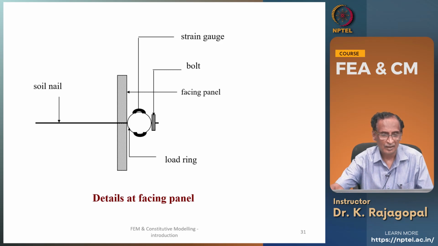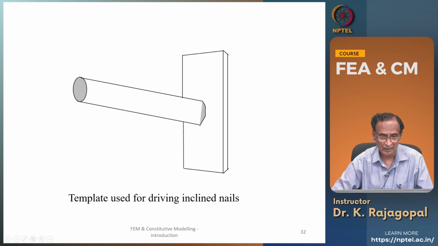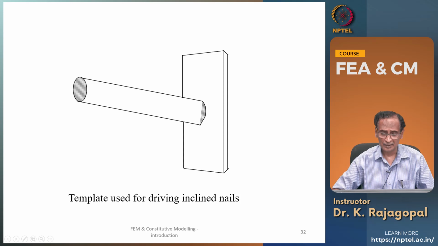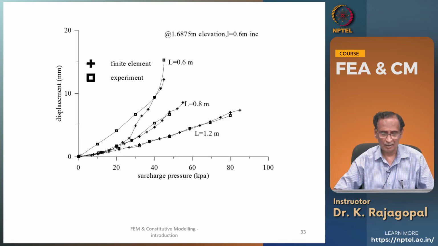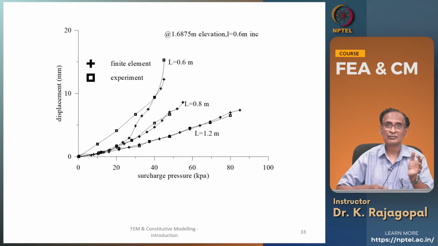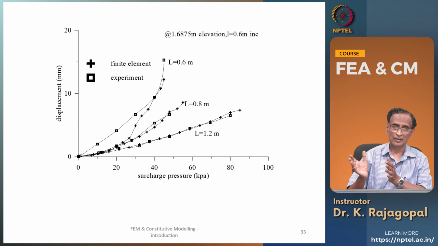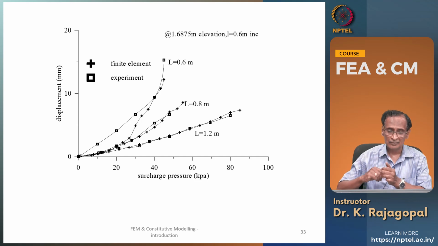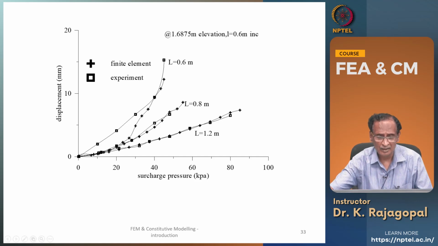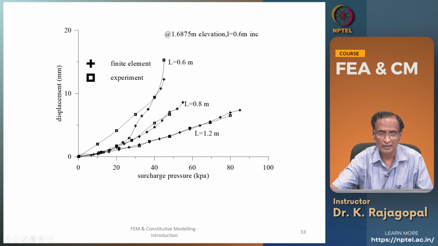And these nails are placed horizontally or at some inclination by using some template. Then a lot of laboratory tests were performed by changing the length of the reinforcement or the diameter of the rods or the inclination, and these are different responses that are obtained, and the comparison between the finite element analysis and the laboratory test.